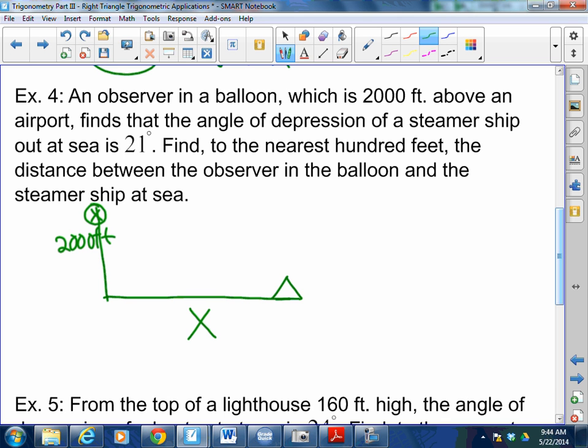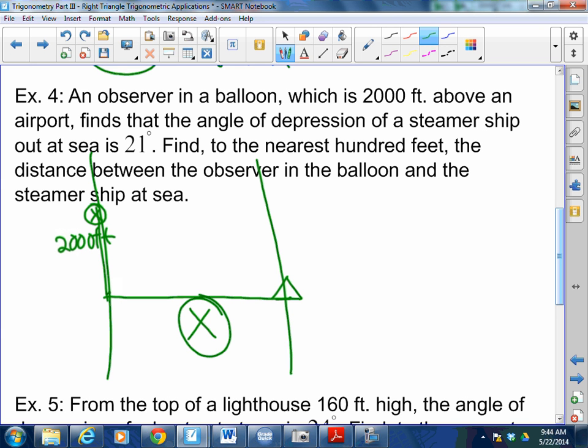Okay? Now, I want you to pay attention to this. Since it's the distance between the balloon and the steamer ship, would it be the hypotenuse, not the opposite? The balloon is here, right? And this guy's here, right? So the distance between them would be from here to here.